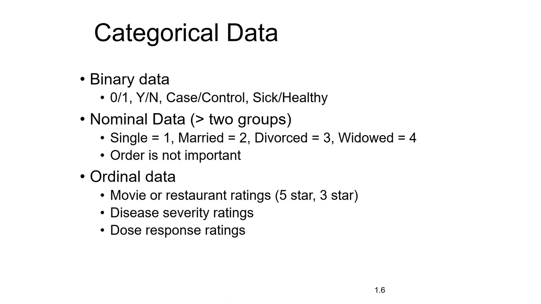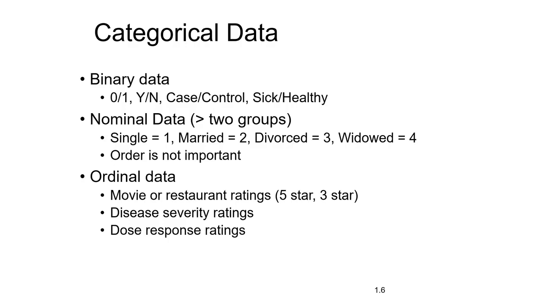So there's numeric data for the categories, but the categories themselves are binary sets. They can be 0, 1, yes, no, case control, sick, healthy, treated, untreated. That's the most common form that we work with in terms of categories in metabolomics data or other omics data.